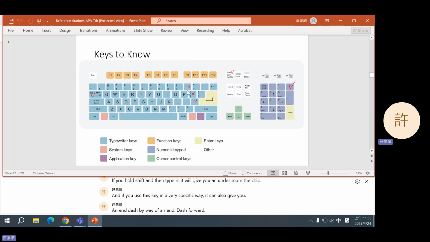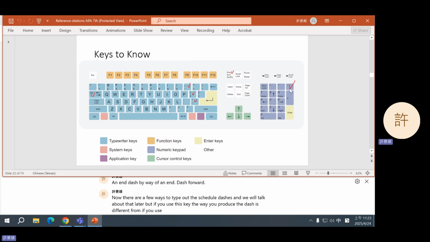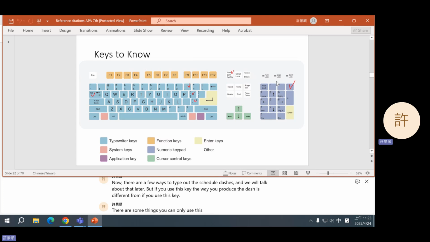Now, there are a few ways to type out the special dashes, and we will talk about that later. But if you use this key, the way to produce a dash is different from if you use this key. There are some things you can only do with this key. There are some things you can only do with this key. So they look the same, but they're not actually the same.